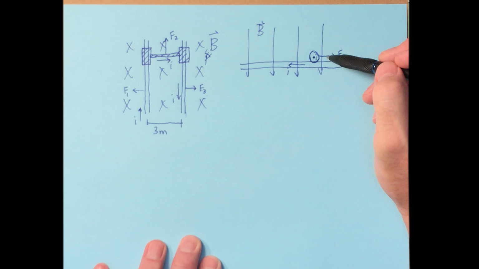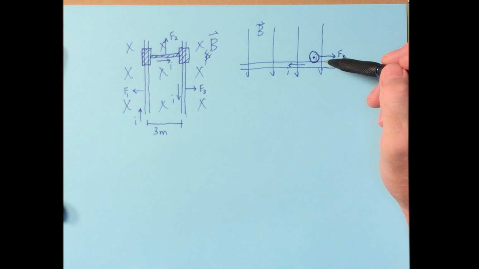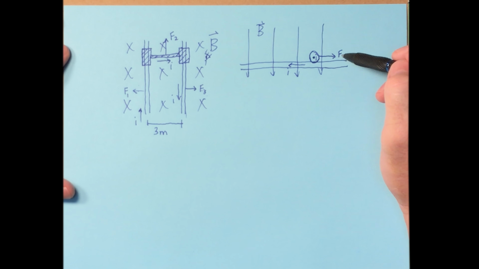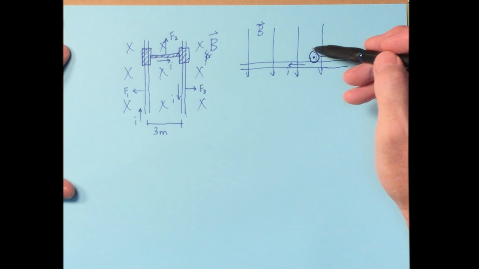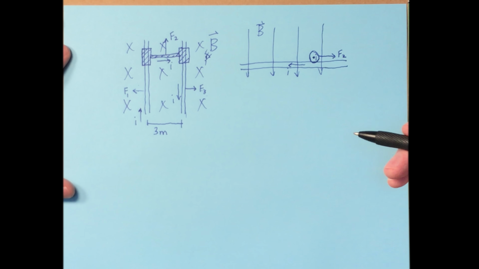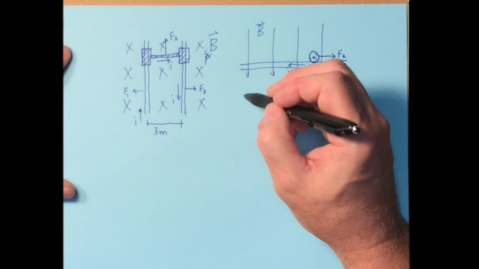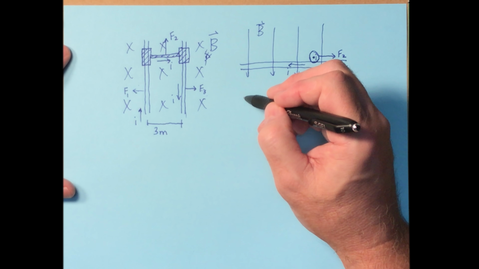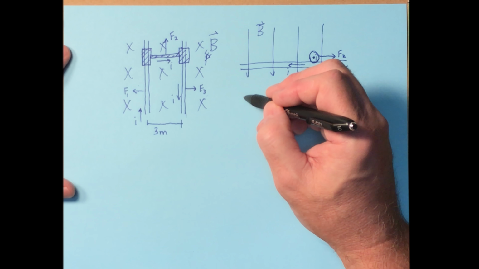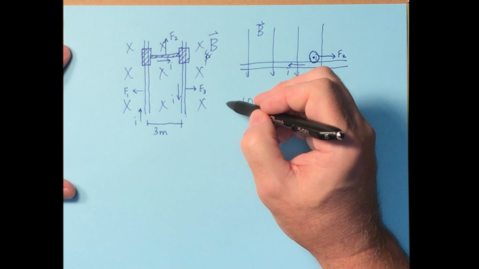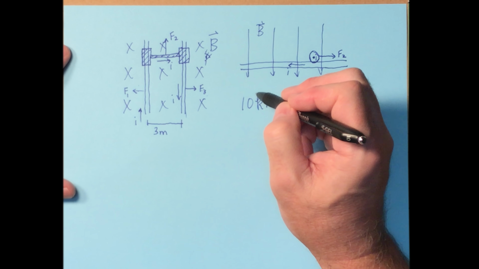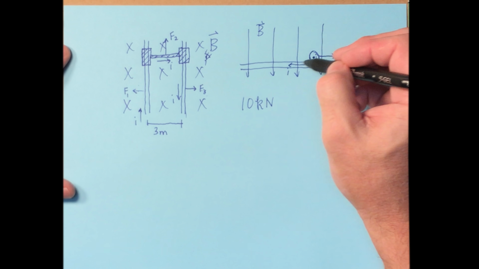The question is, if we had some realistic numbers here, what is the current necessary to move, let's say, some mass along? Let's pick a force of 10 kilonewtons, and we'll say that's the force necessary to move this train along.